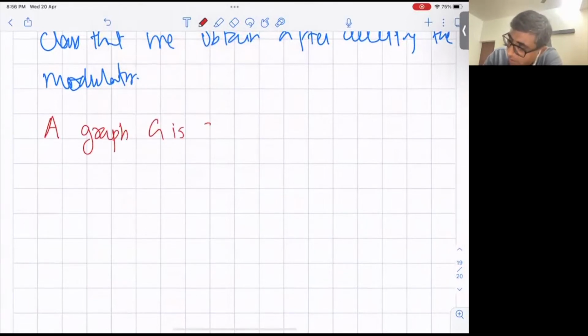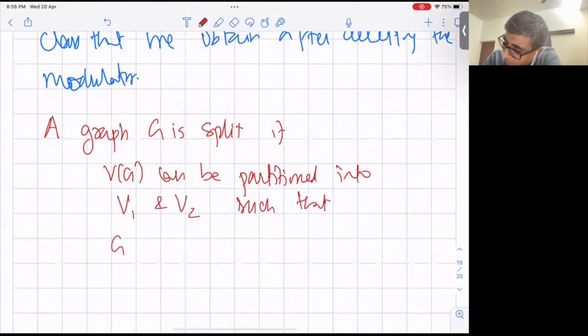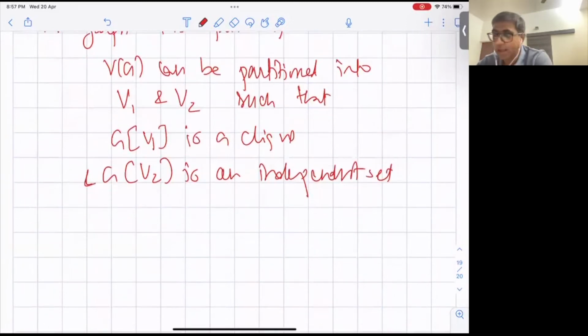A graph G is split if the vertex set of G can be partitioned into V1 and V2 such that the graph induced on V1 is a clique and the graph induced on V2 is an independent set.